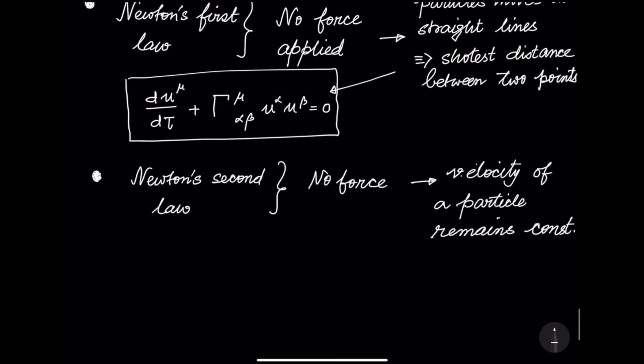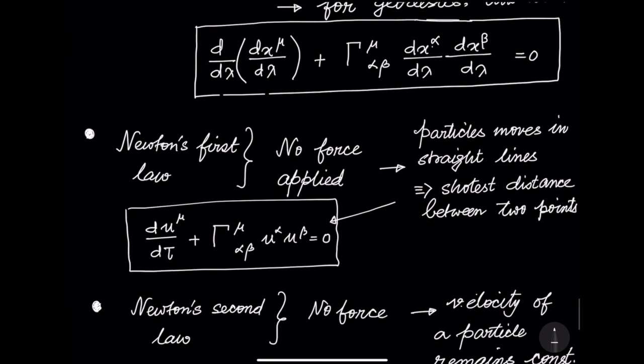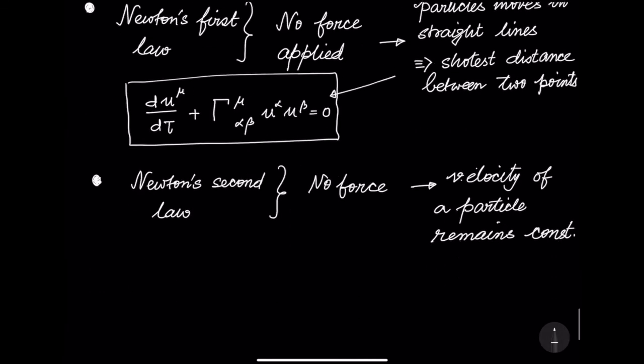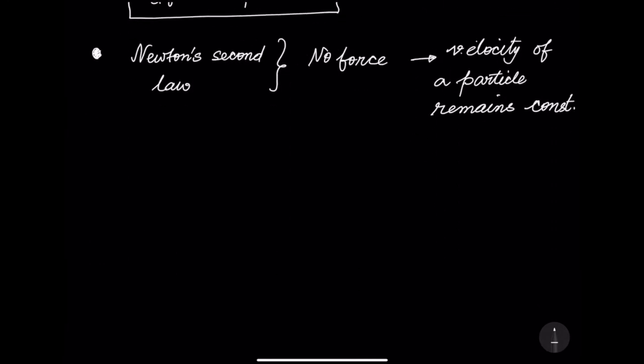What does it mean? It means now if I consider this parameter lambda here as the proper time which parameterizes a trajectory, then this expression is essentially telling us that the rate of change of velocity, which is du mu d tau, is zero.